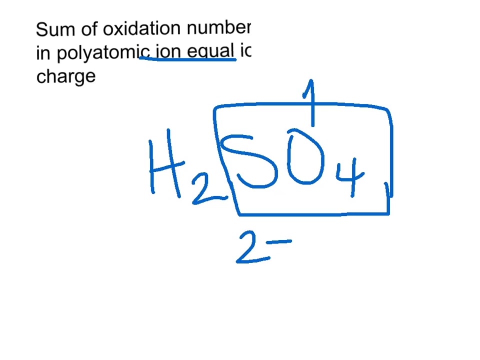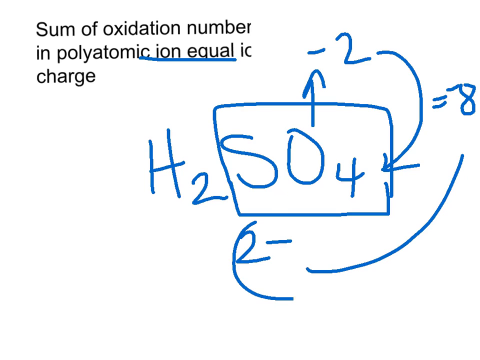If each oxygen is a -2 and there are 4 of them, that means I have a -8 so far, and I want it to end up with a 2- for the sulfate portion. That means that sulfur had to have a +6 oxidation number, because the +6 and the -8 will give me the -2.